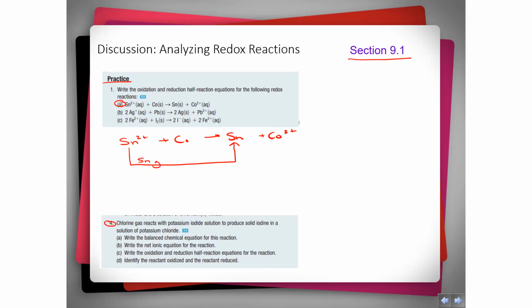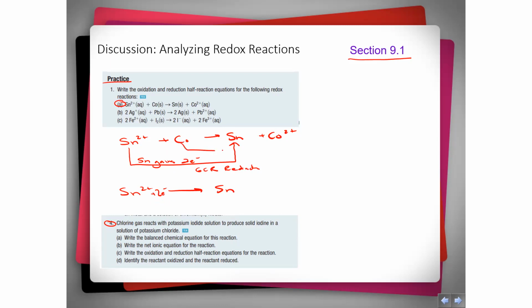So Sn2+ gains 2 electrons. And if it gains 2 electrons, gaining electrons is a reduction. This is the reduction. So that's the half reaction. You would just write Sn2+ going to Sn, and you have to put the electrons on the correct side. So it's gaining 2 electrons, so you put them on the gain side.